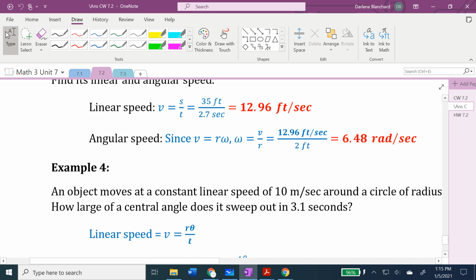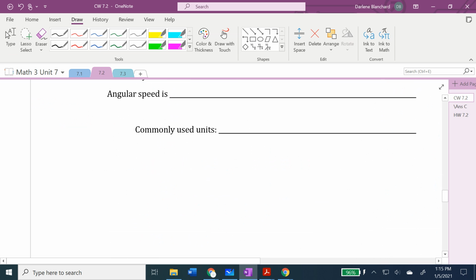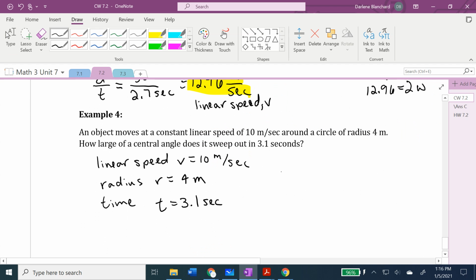If I use that formula on the information that I have, oh my God, it keeps changing my place. And I don't know why it keeps doing that. Then I can plug this information into that formula. So I'm going to take 10, multiply it by 3.1. That'll give me 31. And then divide it by 4, and I'll have my theta.